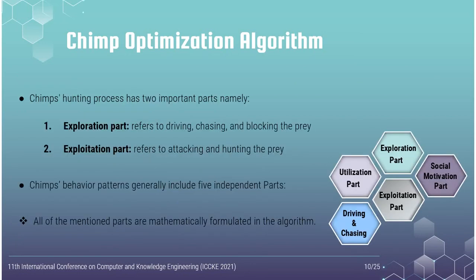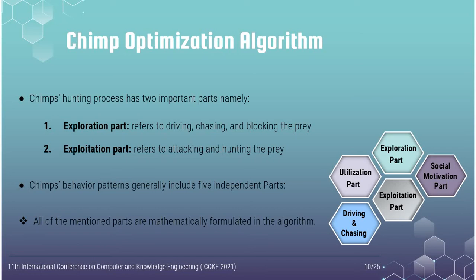The chimps' hunting process has two main parts, namely the exploration part and the exploitation part. The exploration part contains three parts: driving, chasing, and blocking the prey. On the other hand, the exploitation part has only attacking and hunting the prey.